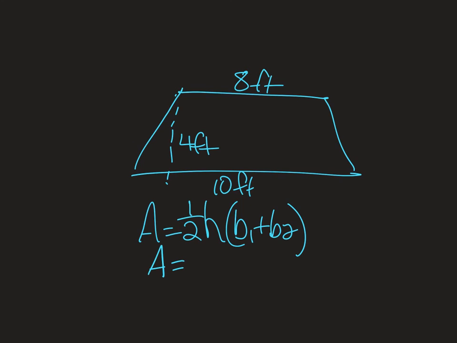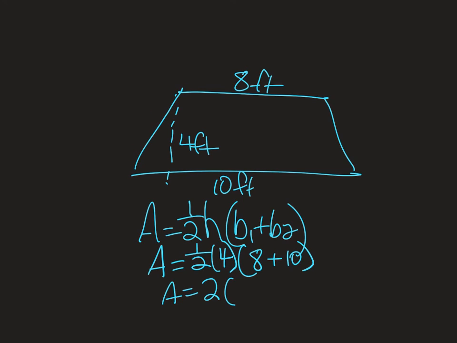What is half of the height? 1/2 of the height is 2. B1 is 8 plus B2 is 10. If you have 1/2 of 4, that would be 2 times 8 plus 10. Then you multiply those two.